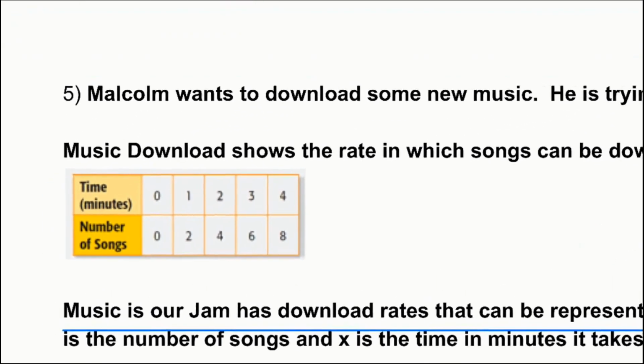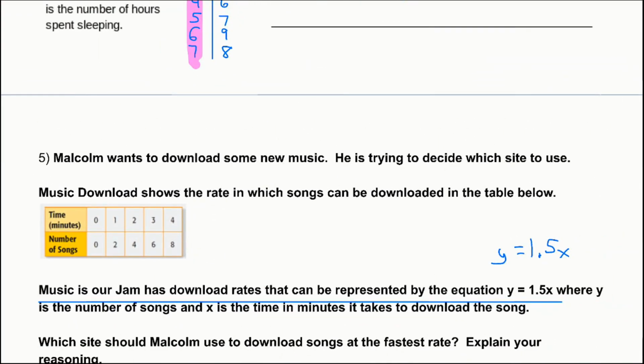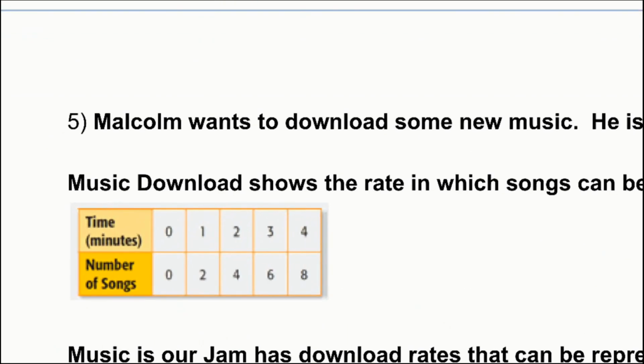It says y is the number of songs and x is the time in minutes, which we already knew because time is always x, right?